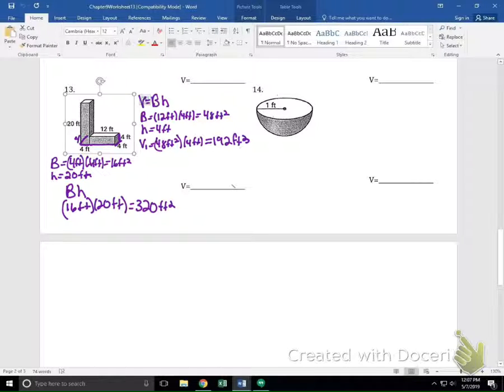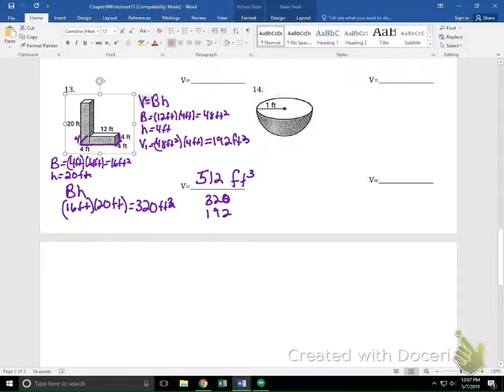So for the total volume, we have to add those together. So you get 320 plus 192. It's 512.